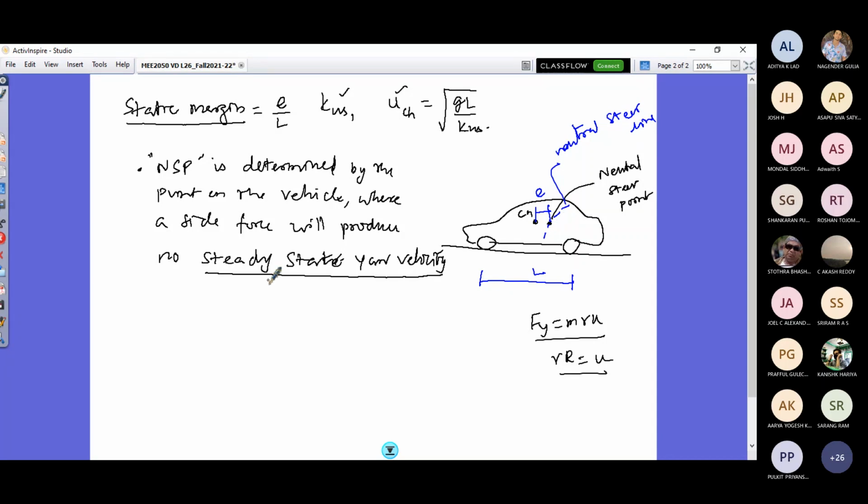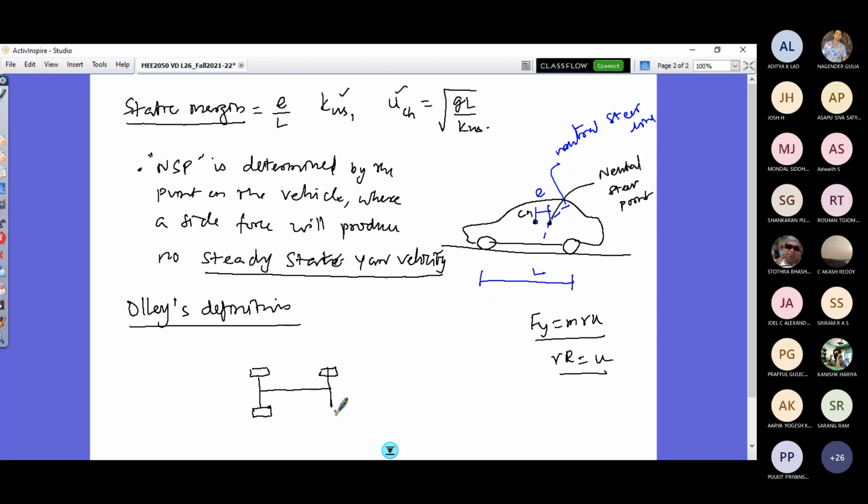What is the definition called? The Olley's definition. So what does this Olley's definition say? Let me draw the vehicle in the top view and the axles alone.